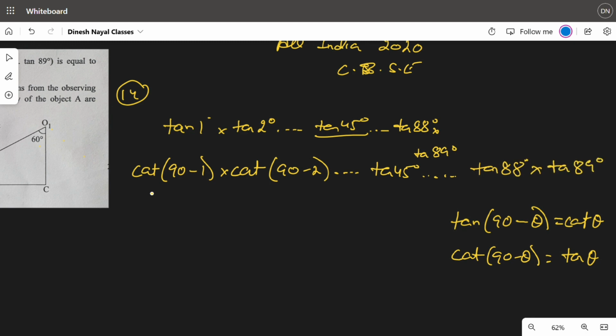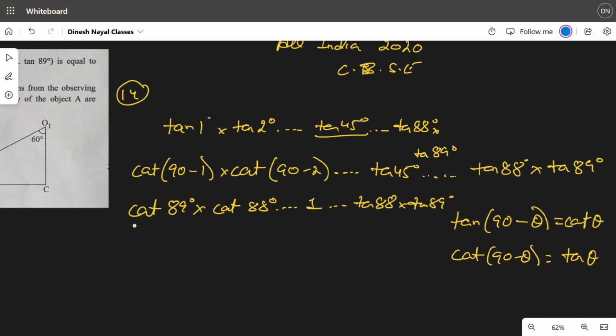Now 90 minus 1 is 89, so this is cot 89 into cot 88 degree, and so on. Tan 45 is written as 1 because its value is 1. Then you have tan 88 into tan 89.